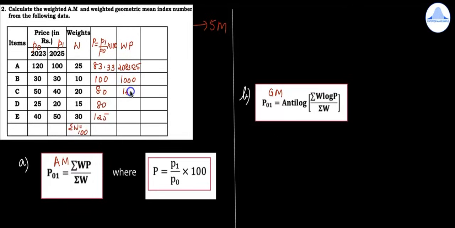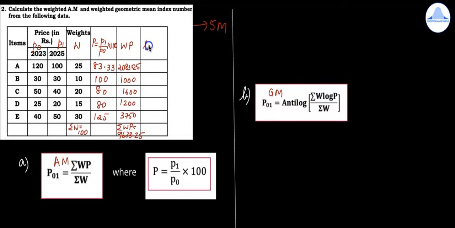Then it is 1600, 1200, 3750. Then calculate summation WP, which will be 9633.25. So I'll also complete the calculations which I'll need for the weighted geometric mean index number.